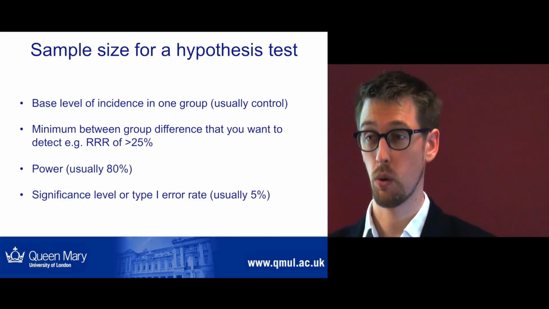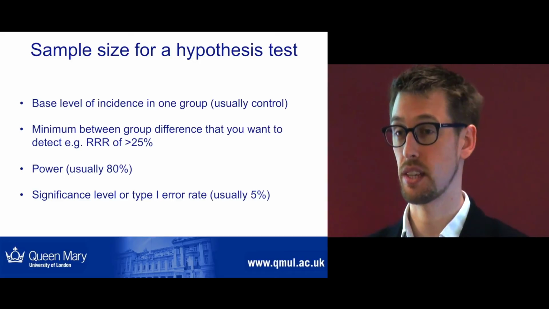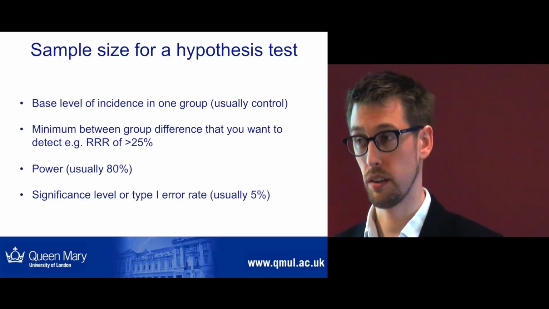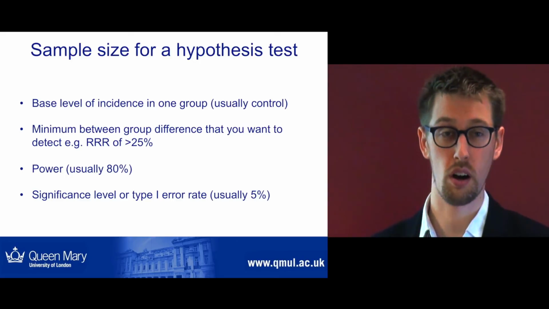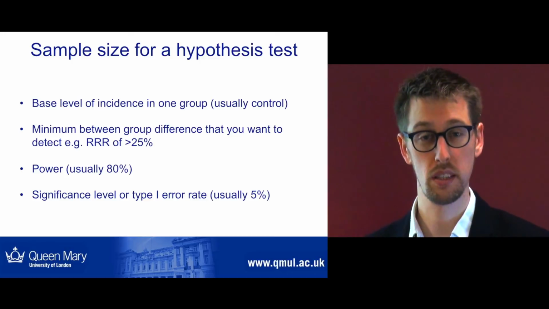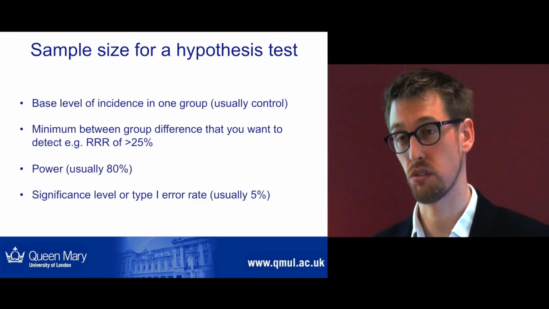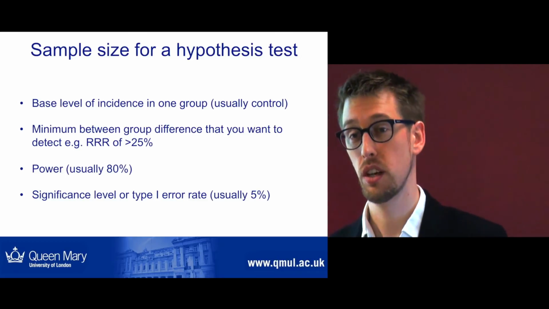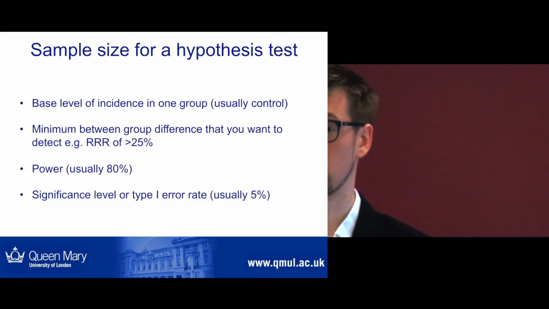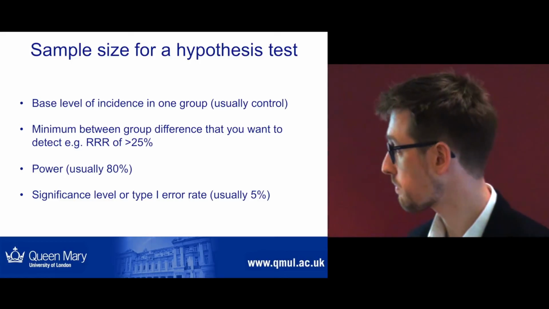So you start off with one set of parameters, and then you'll change it slightly to see how it affects. Sample size calculations are a malleable process and iterative, and often it changes until you get something that you think is feasible for you, because sample size will be the biggest determinant of cost and feasibility for your study.